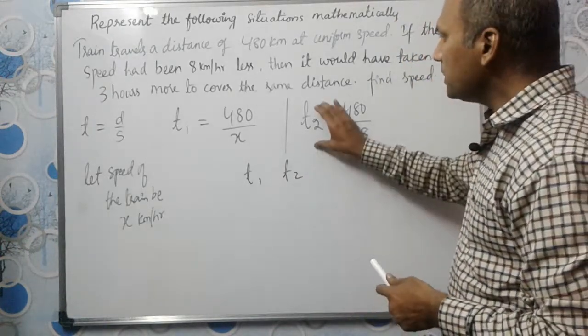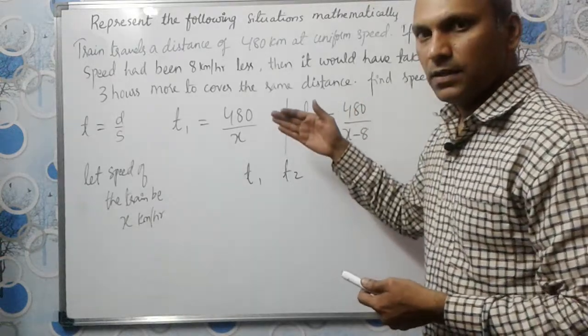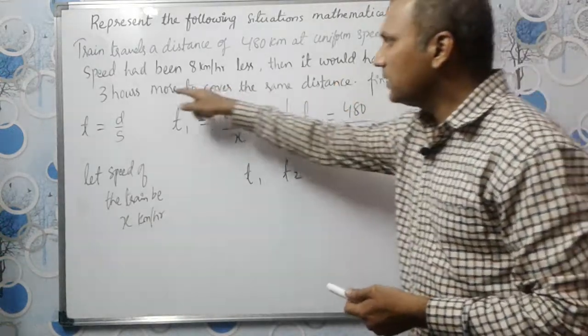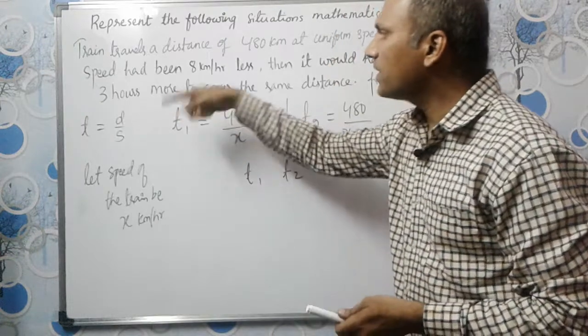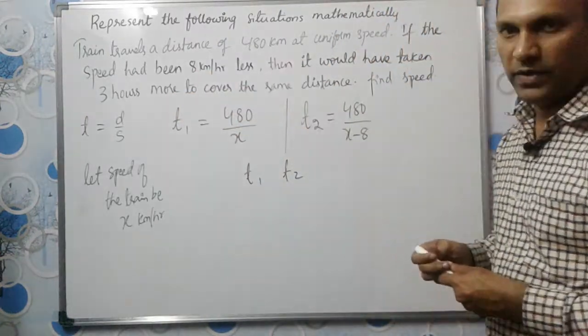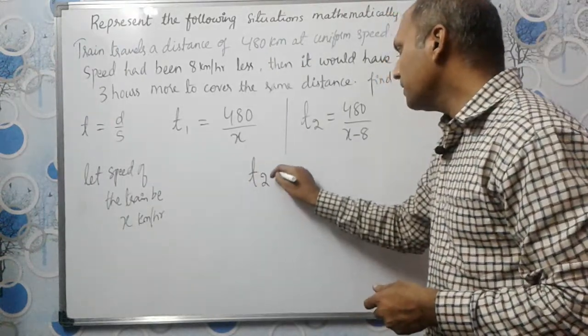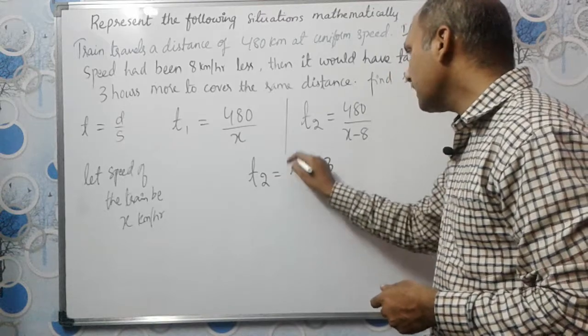See, t2 is when the speed is less. So when the speed is less, time should be more, isn't it? So here it is taking 3 hours more. So this t2 should be 3 hours more than the previous time. Okay. So this t2 should be 3 more than t1.